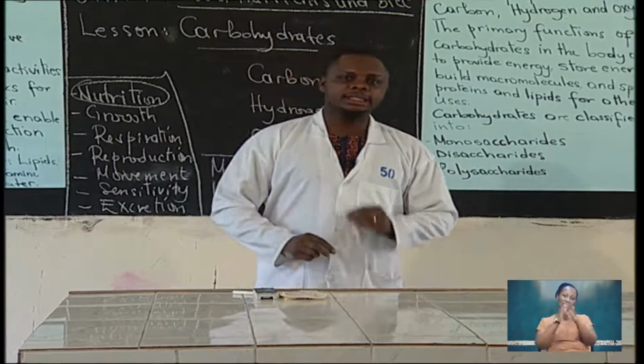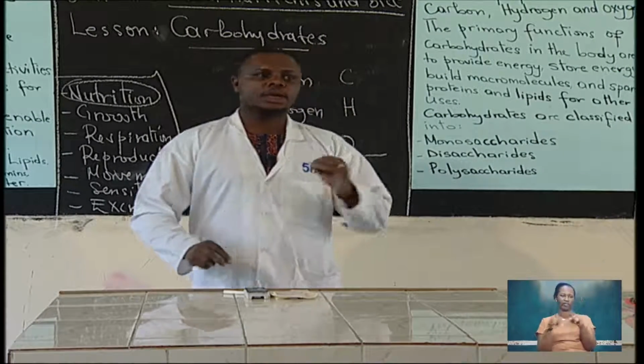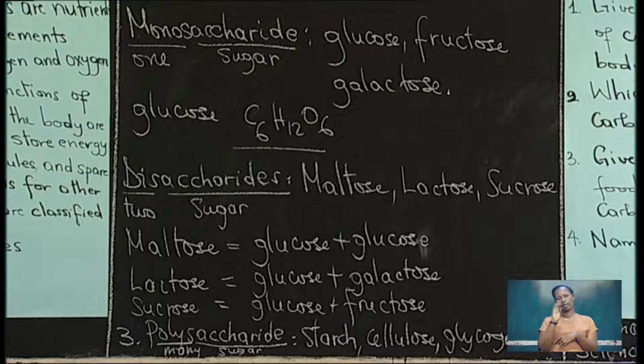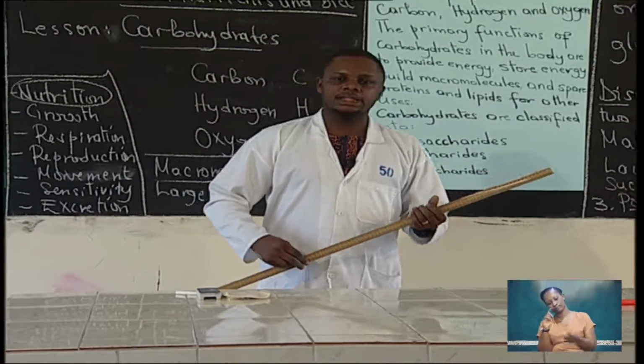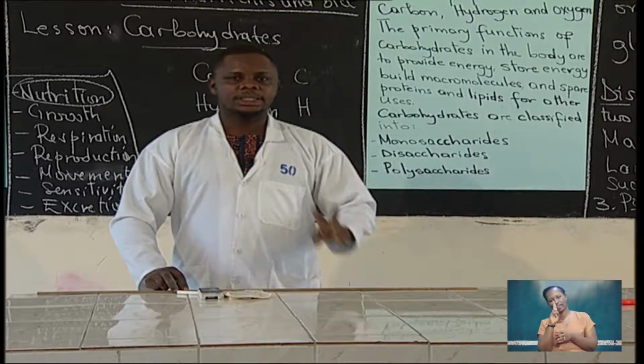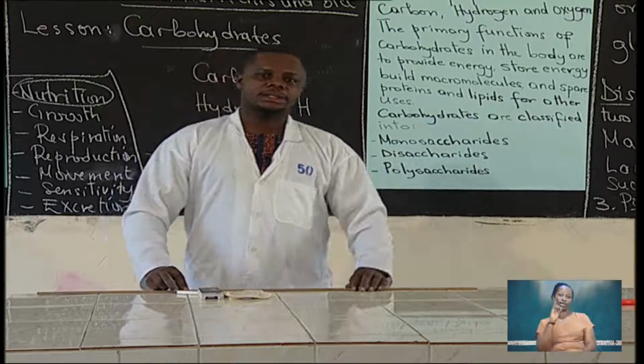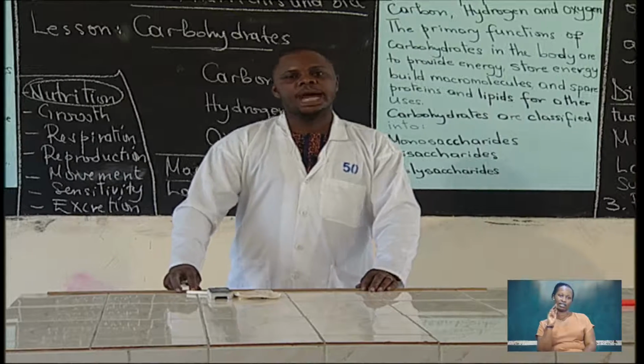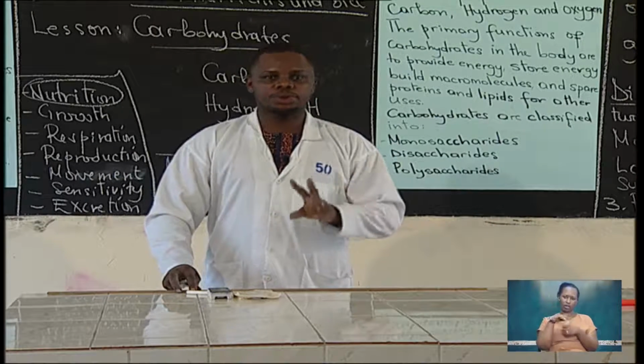Students, we have seen 3 different classes of carbohydrates. Monosaccharides, mono means one, saccharide means sugar, and these are simple sugars. We have seen examples like glucose, galactose, and fructose. Disaccharide sugars are sugars which are made from 2 simple sugars.